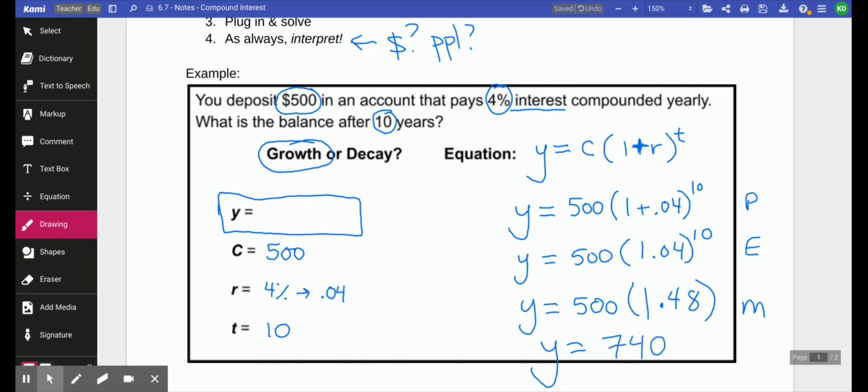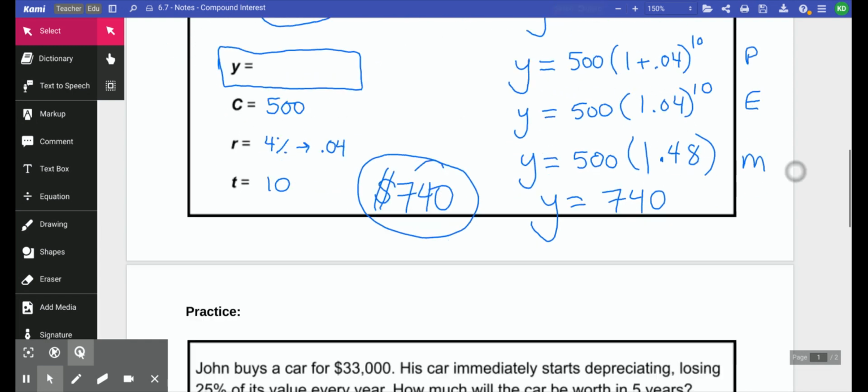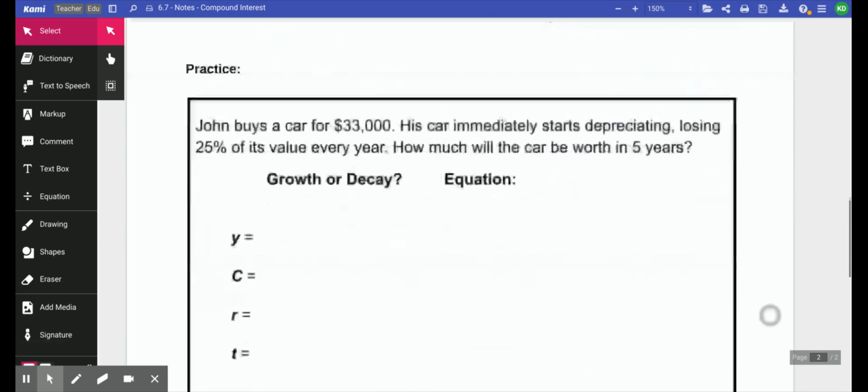The last thing that we're going to do here is interpret. 740 what? Well, if we're talking about the amount of money that we have in our bank account, this is a dollar amount. So we're talking about $740. All right, let's move on to the next problem.